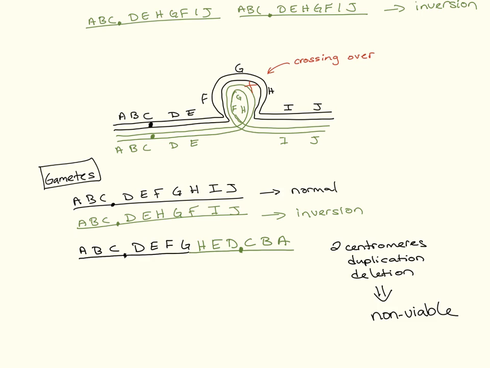So now let's trace the last sister chromatid that was part of this homologous pair. And remember that this region already got tacked on to the wrong chromosome because of the crossing over in the loop pattern.